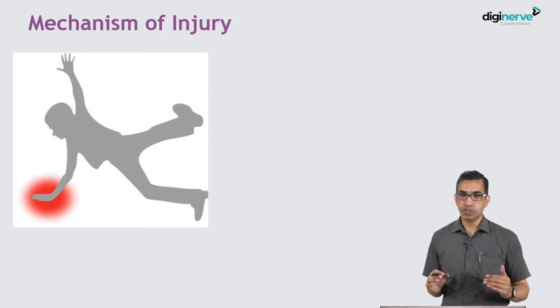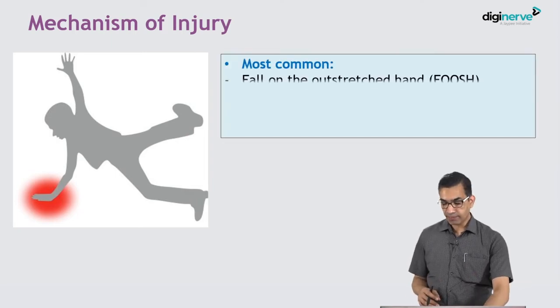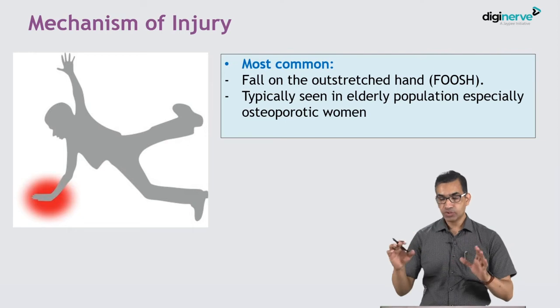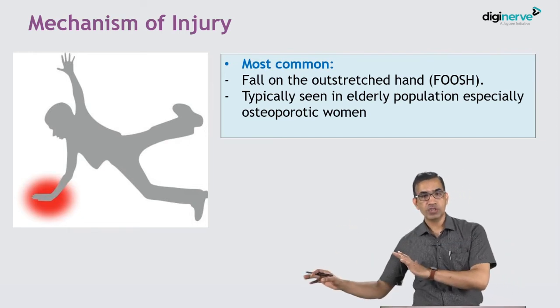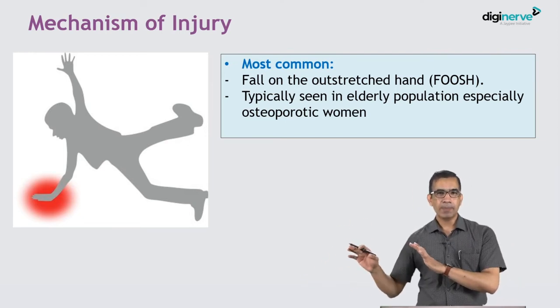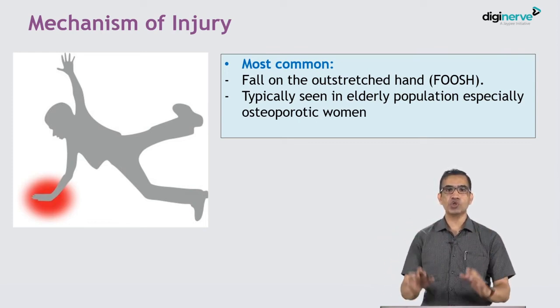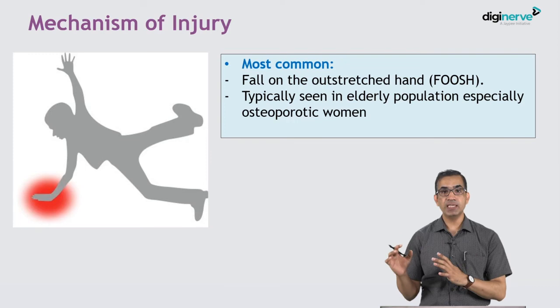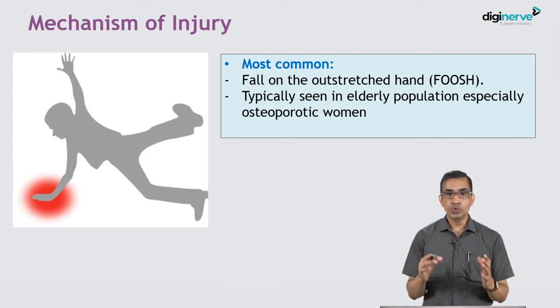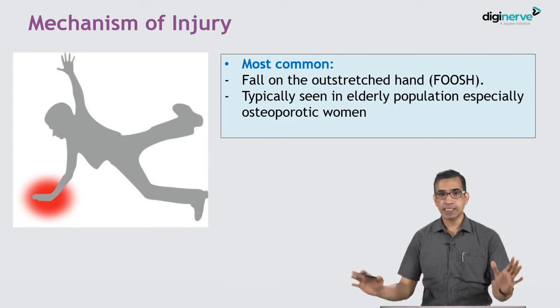How does it get injured? Now, this is one fracture which can occur because of a fall on the outstretched hand. And when it happens, usually it is a very minimal trauma. It happens in elderly osteoporotic women. So if you are seeing an elderly person who is 55, 60, 65, 70 who gets this fracture, it is usually because of osteoporosis.